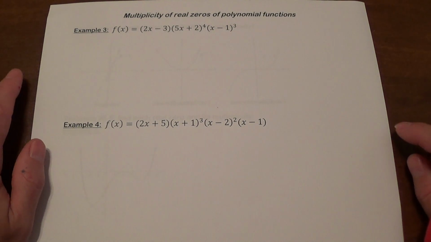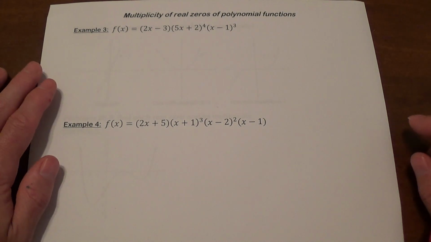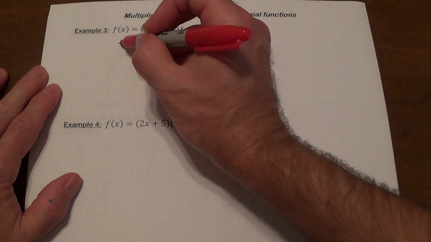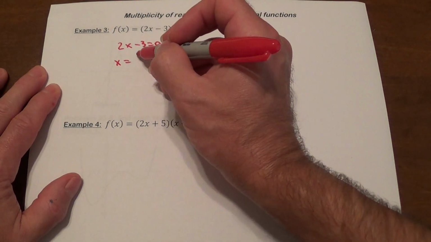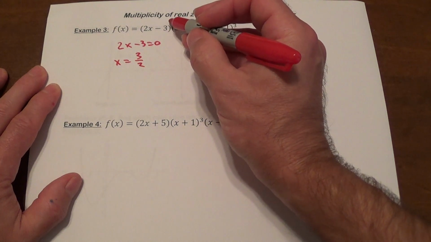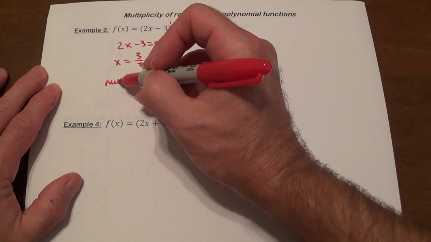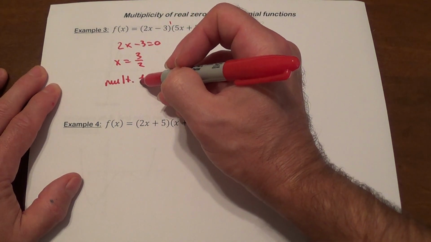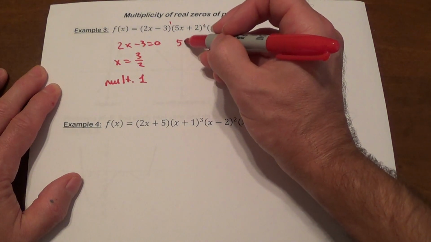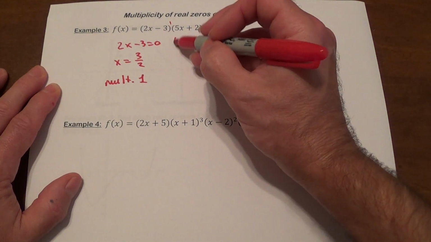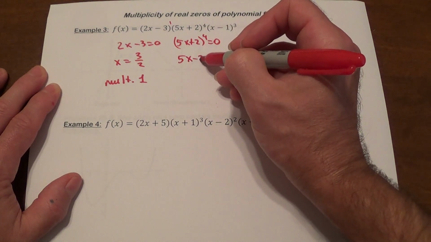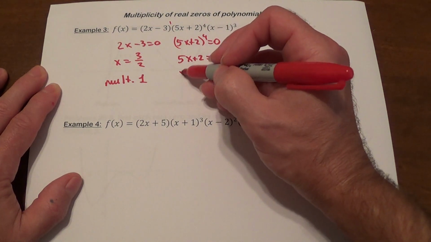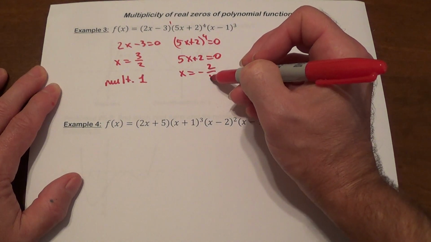Okay. Let's try to do the same thing here. We're trying to find zeros and their multiplicities. We're not doing anything different now. You go 2x minus 3 equals 0, which means x equals 3 halves. Only once, the multiplicity is going to be 1. 5x plus 2 to the 4th equals 0, which means you want 5x plus 2 equals 0, gives you x equals negative 2/5.